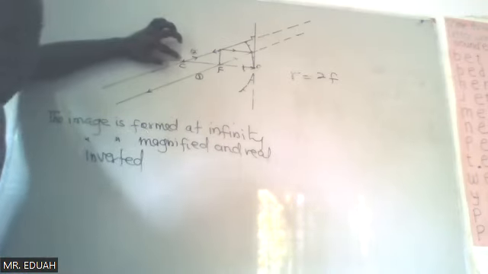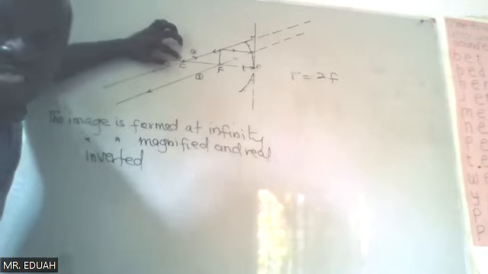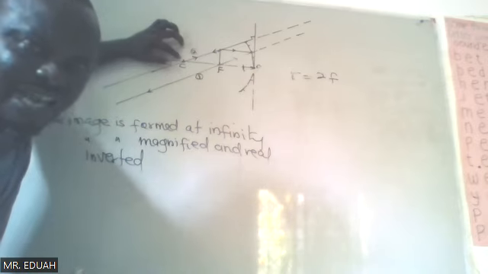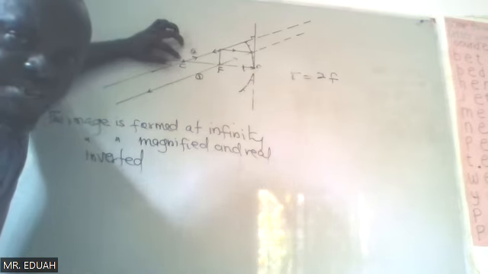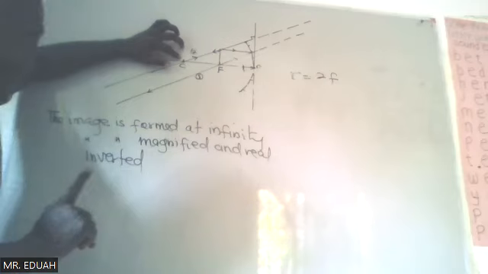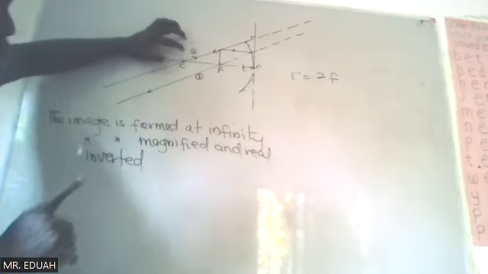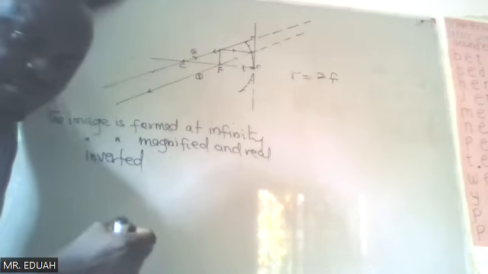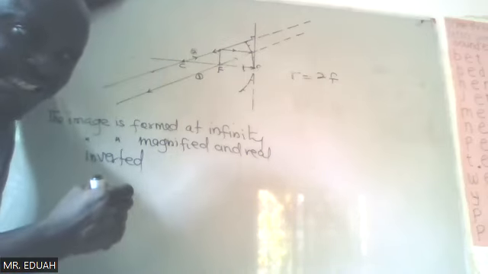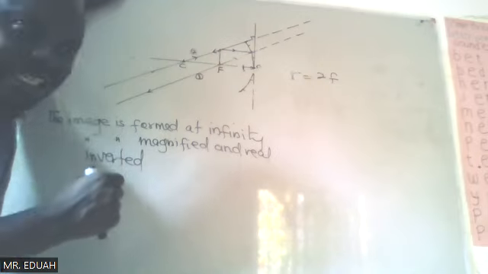When the object is at C, the image size is the same as the object. Then when it is between C and F, we have real, magnified, and inverted.